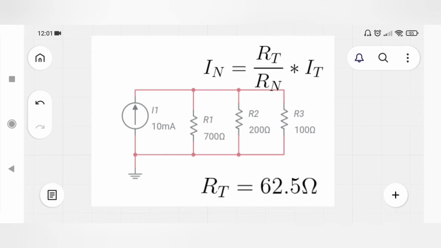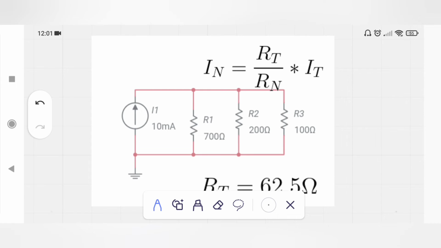This is another circuit with 3 resistors and a current source of 10 milliampere. We need to evaluate the current flowing through R1, the current flowing through R2, and the current flowing through R3.